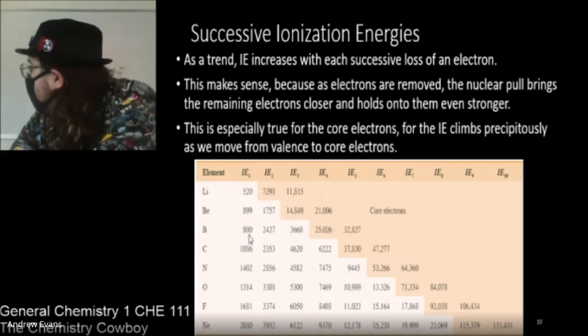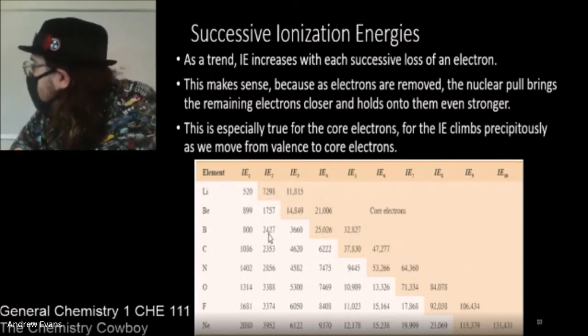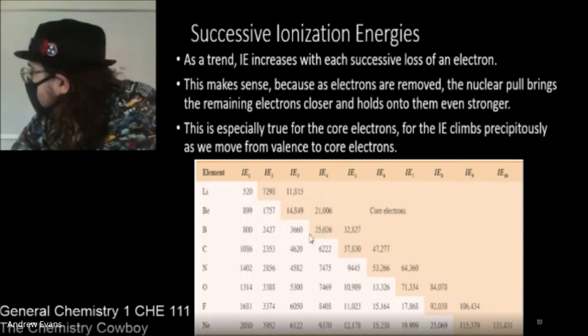Boron, gone up a bit, or it's stayed about the same because of the P. Then it goes to 24 something, then 36, and then 25,000. 25,000 is this huge jump as we go from row 2 to row 1.